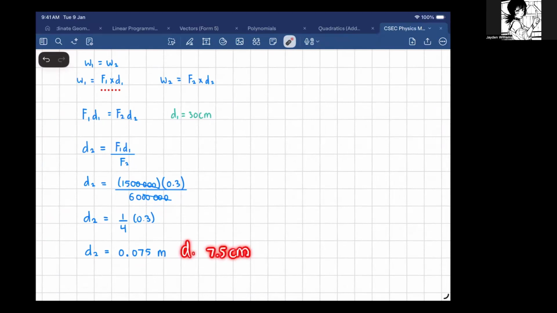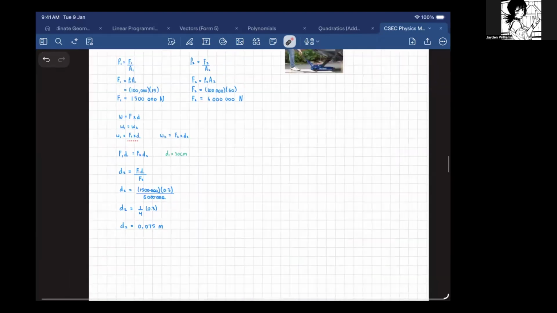And that's D2. So Jadon, you understand that you put in a weak force, you'll get a greater force. But you'll have to do a lot of work to get the distance to be what you want it to be. Because the trade-off is that the output is going to move a little bit. The distance is going to be less than the input. That makes sense? Yeah. Right?